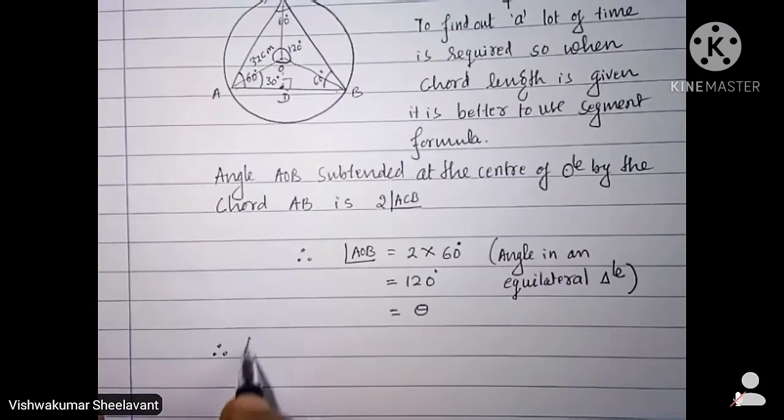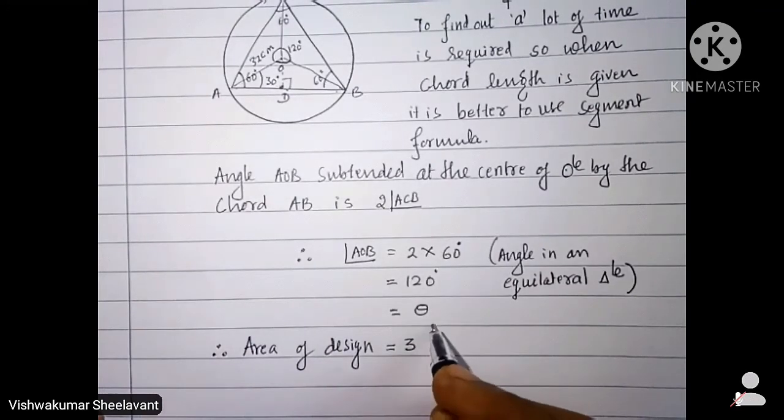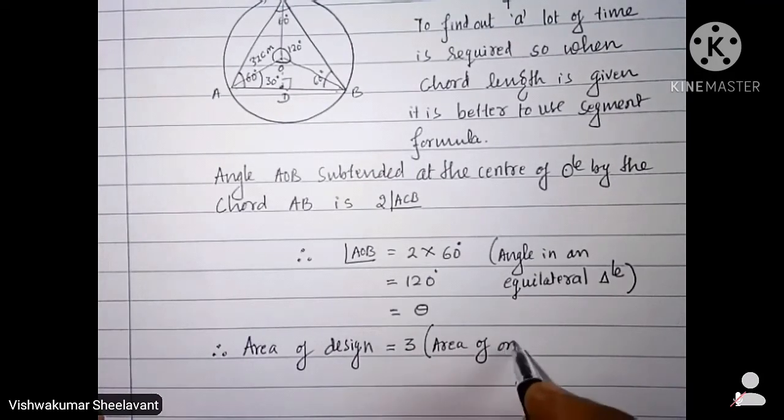Therefore, area of design is equal to 3 into area of one segment.